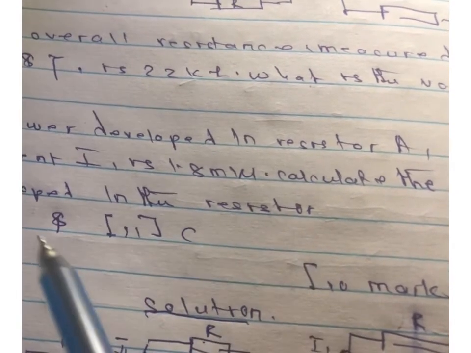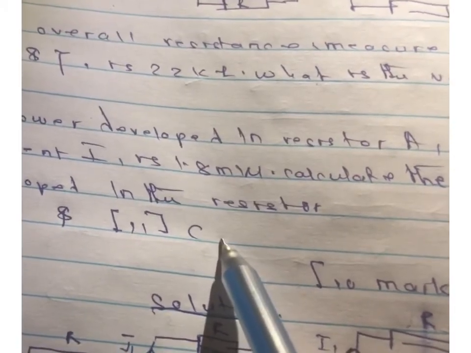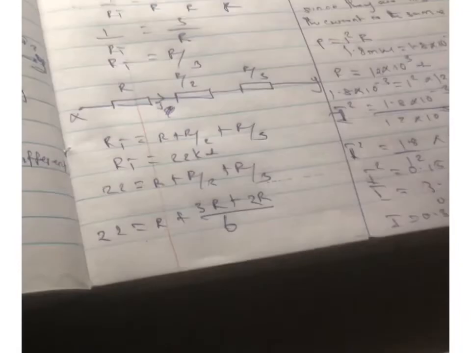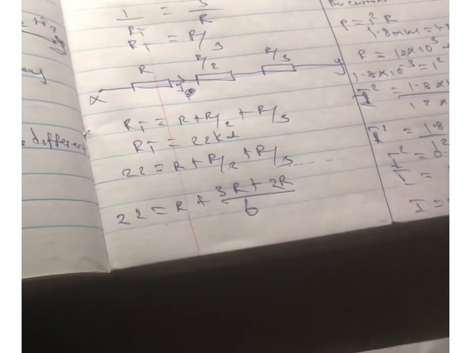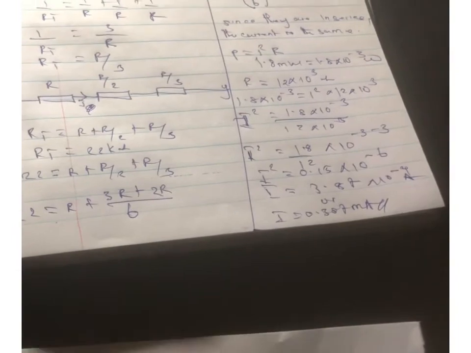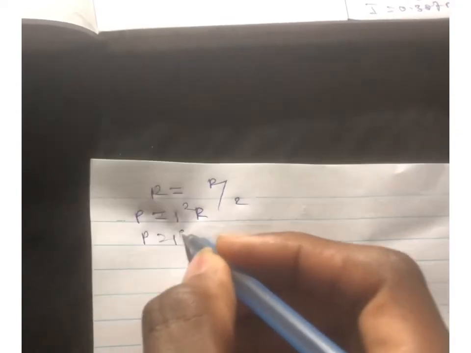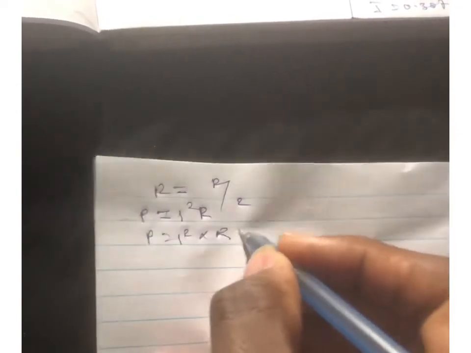Now, calculate the power developed in resistors B and C. Since we know resistor B is R over 2, the power is I squared times R over 2.